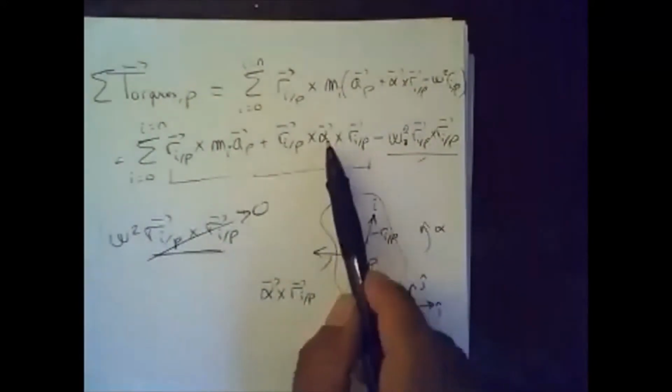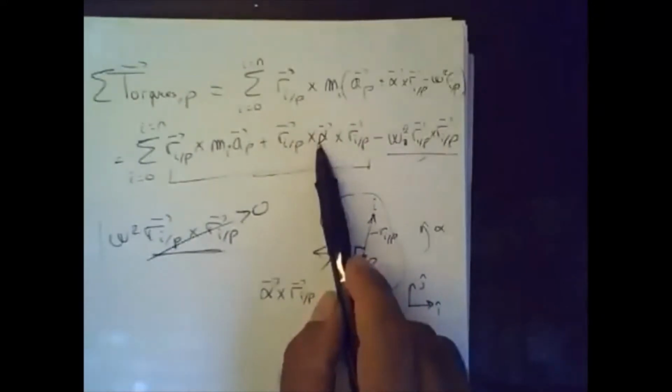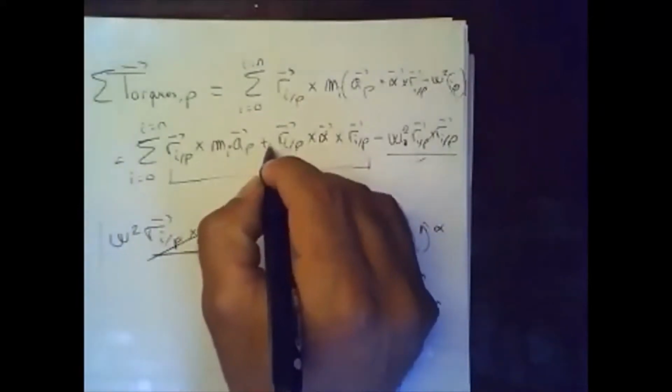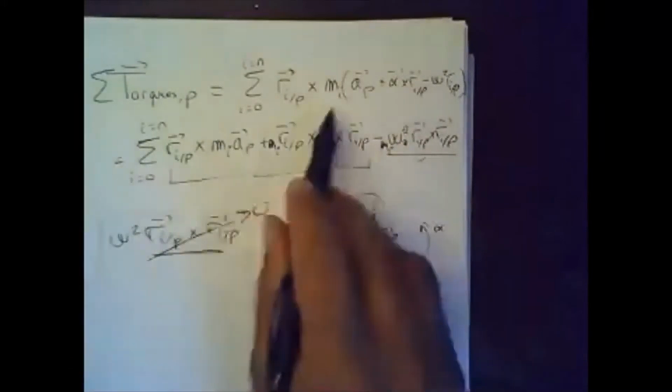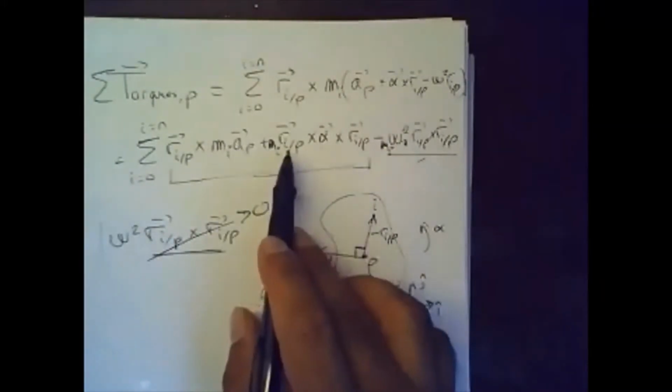So I can basically write this as alpha, and by the way, this is missing the m. So the m_i is multiplying all these. I have it on the first one, it should be here too.